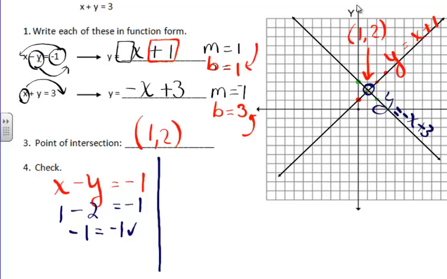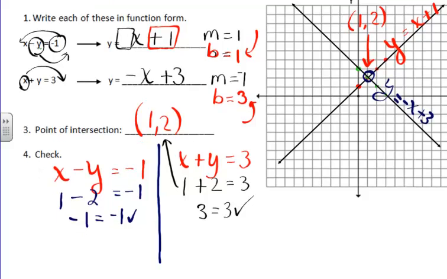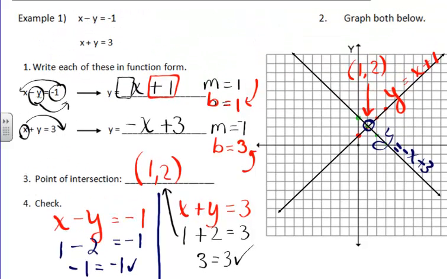Now let's check our other equation, again using the original equation. 1 plus 2, we're getting those numbers from our point of intersection. 3 equals 3, check. Those are all the steps in solving systems of equations graphically.